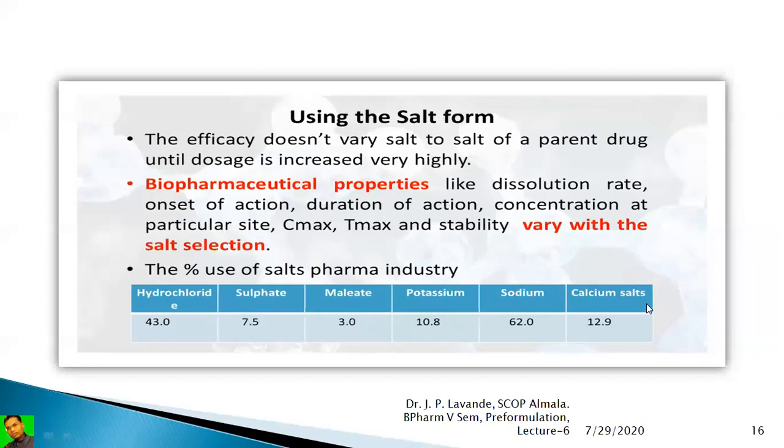The maleate form is the least used in the pharma industry, and the sodium salt is the most preferred one, almost up to 62%, followed by hydrochloride salt 43%, followed by calcium salt 12.9%, followed by potassium salt 10.8%, followed by sulfate salt 7.5%, and the least percentage of use in the pharma industry is associated with the maleate salt.